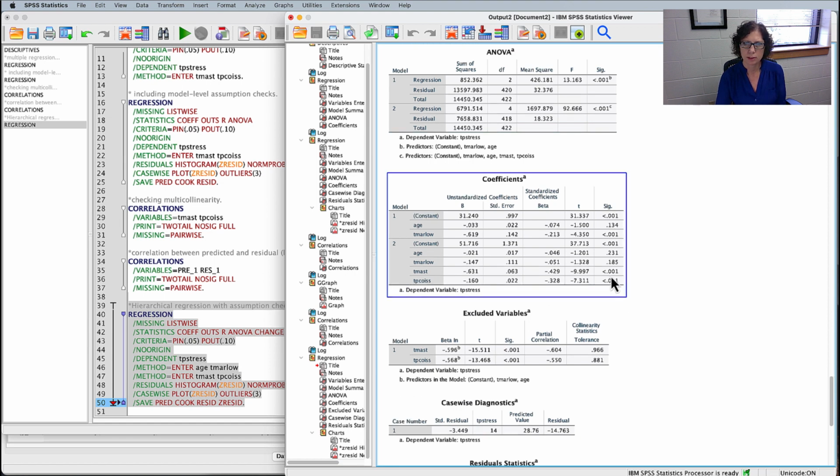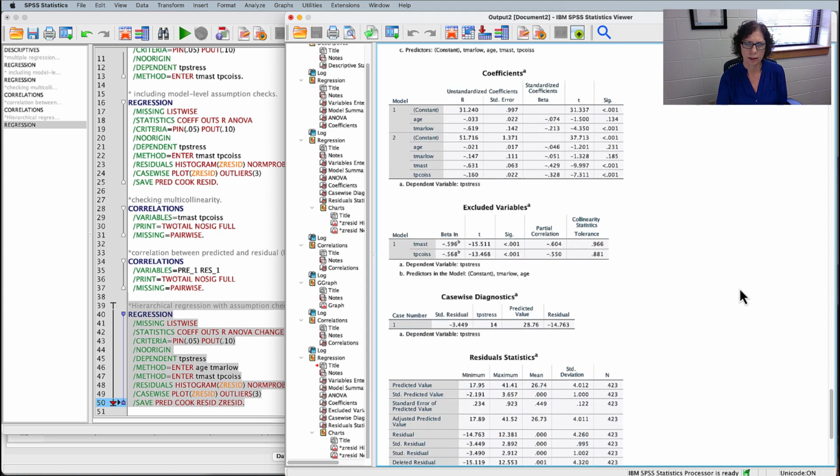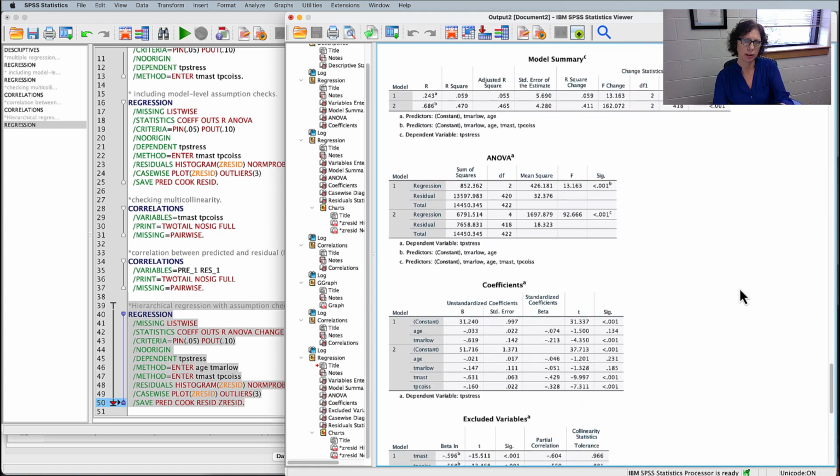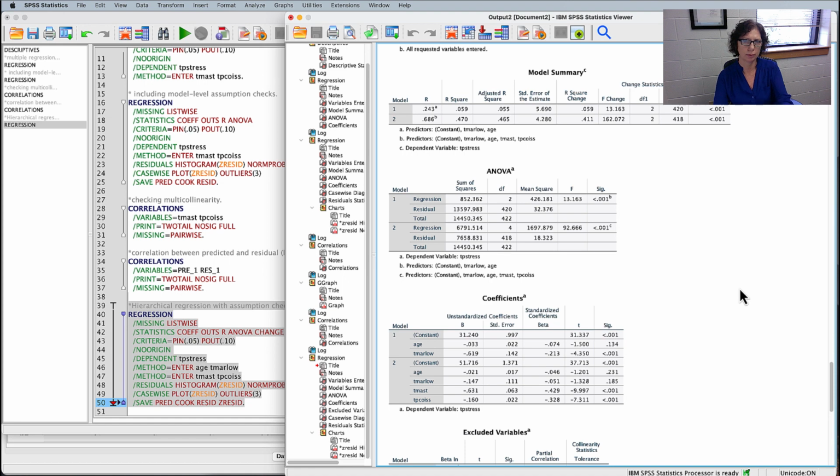Both of them still stay significant predictors even while controlling for age and social desirability. And here are all of the unstandardized coefficients for them, as well as the standardized coefficients. So that's the information we need for writing up the hierarchical model.